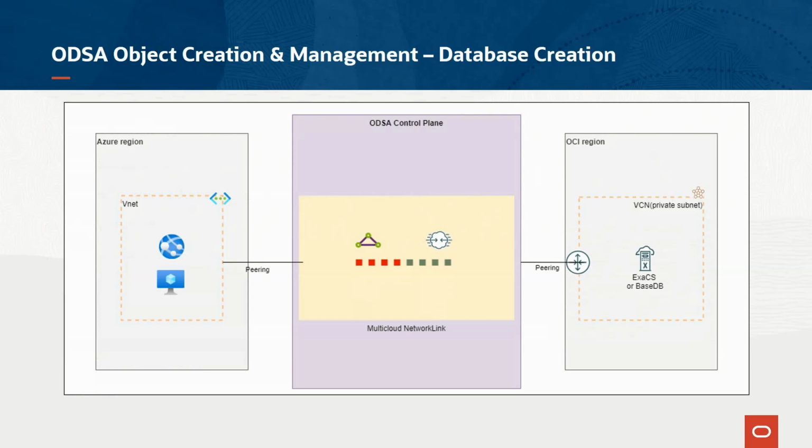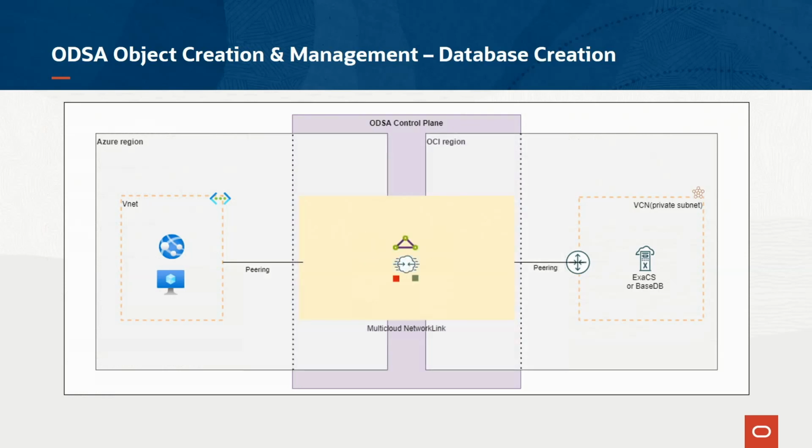Now, if we lift up a little bit of that magic box, then the first thing that we need to realize is that that ODSA control plane actually exists partially in Azure and partially in OCI. It's not in the customer's tenancy or in the customer subscription. It is in the ODSA service subscription and tenancy, but it does exist in OCI and in Azure both, and is linked to the customer's environment from there.